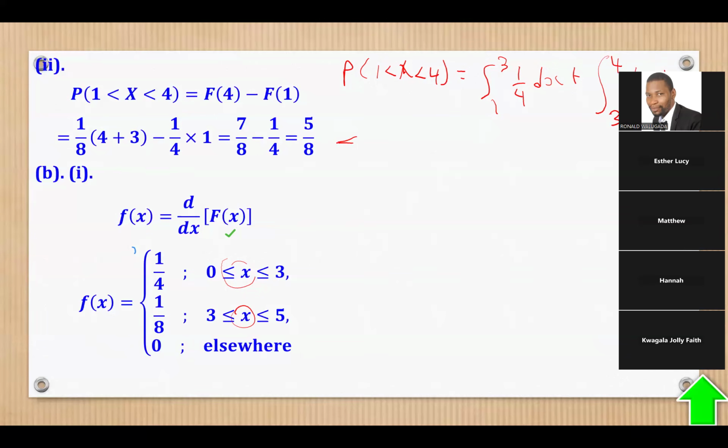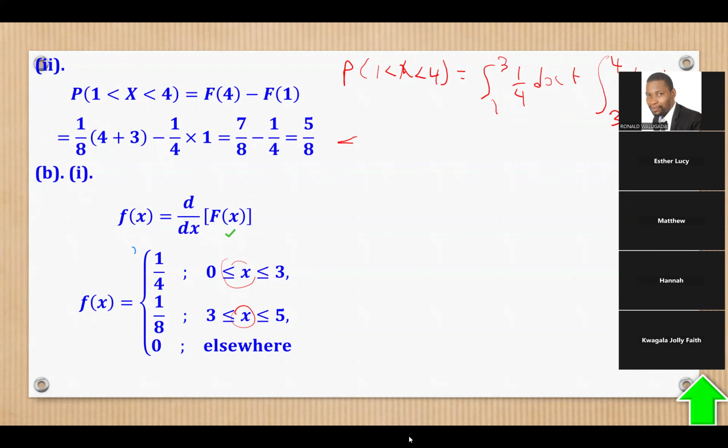When I integrate a quarter, what do you think I get? Anyone to give me an answer? Gracious, you are there?